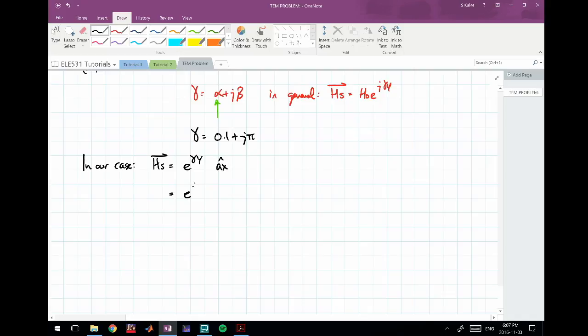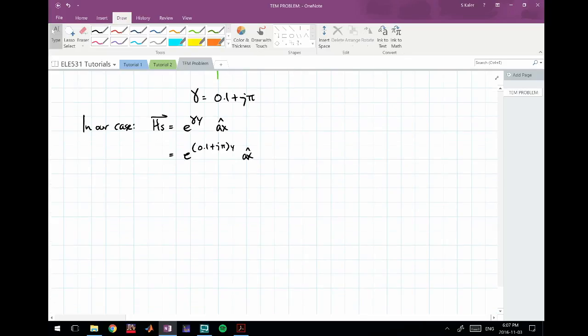So this is going to be e to the 0.1 plus j pi y, ax. I just want to make sure that's actually ax. Yeah, that's ax. Okay, and so if I separate these two terms, I get e to the 0.1 y, and then e to the j pi y, ax amps per meter.